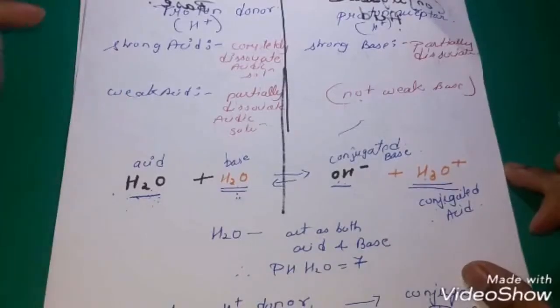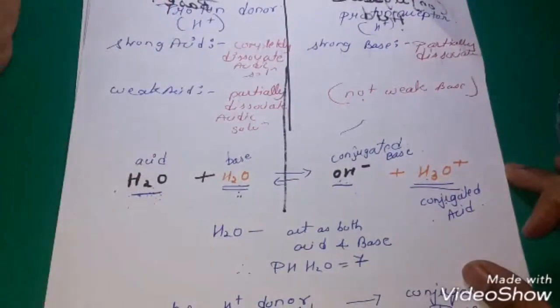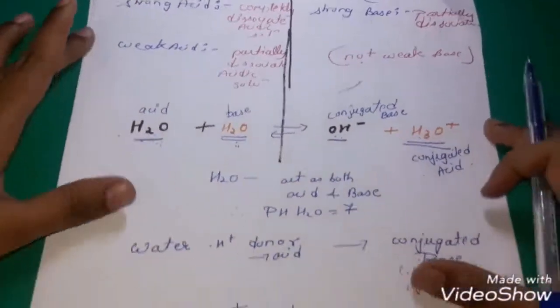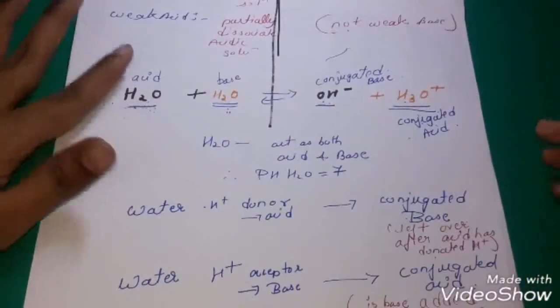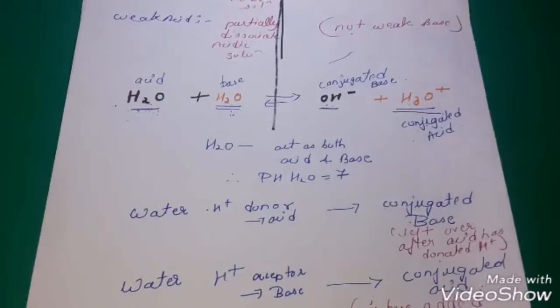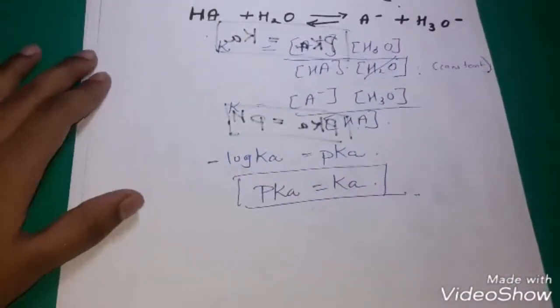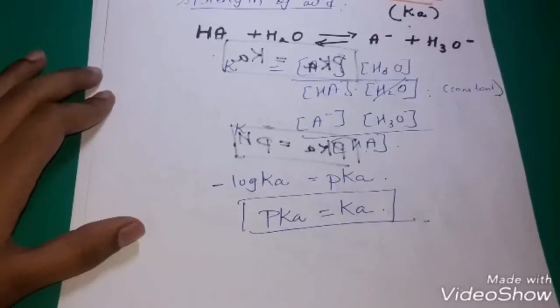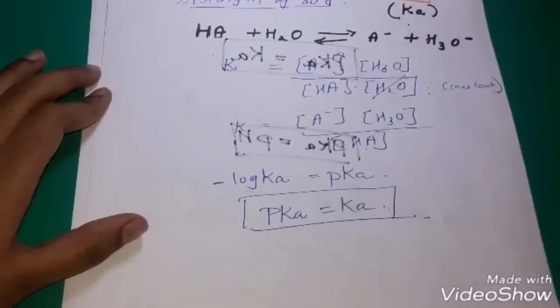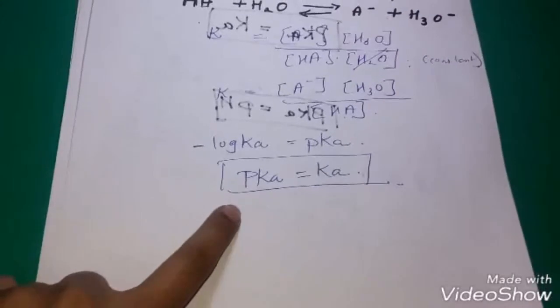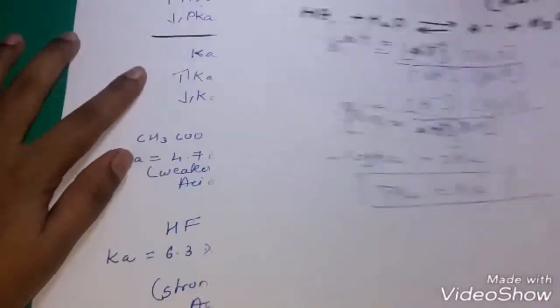This video basically covers two topics. One is the relationship between acid and base, their properties. So we studied what is conjugate base, what is conjugate acid, how we should define it. After that we studied what is acid dissociation constant Ka.